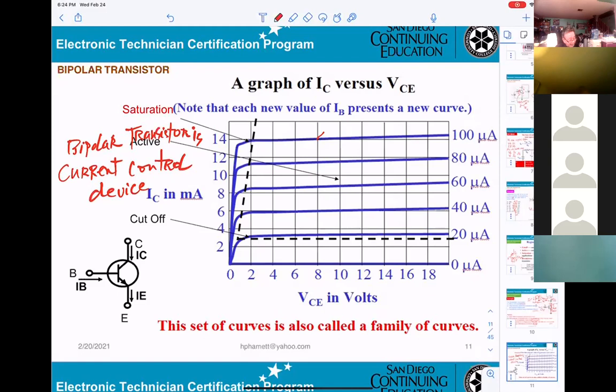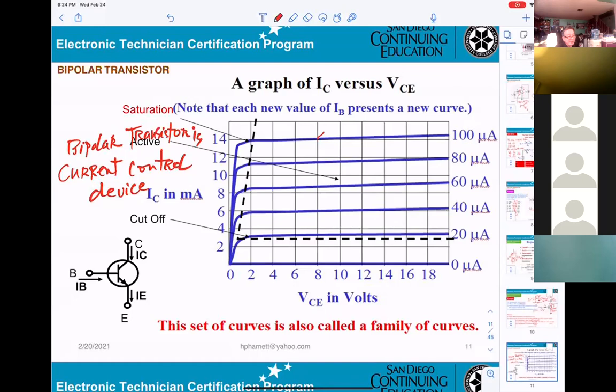Current IB comes in, and the collector current comes out at the collector. Basically, if IB equals 1 milliamp, beta equals 100, and IC equals 100 milliamp. That tells you if you change the current IB, you change the current IC. So that's why they say a current controller.